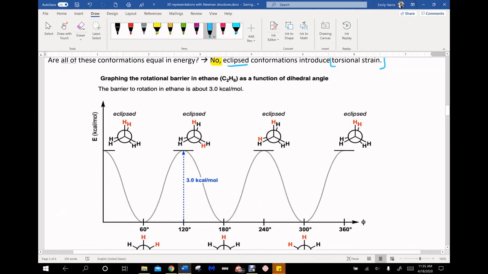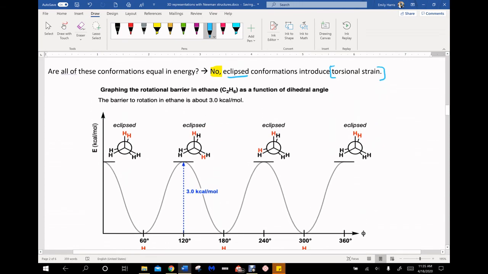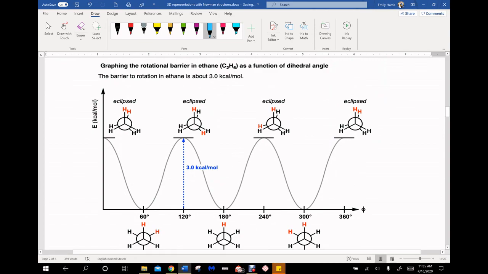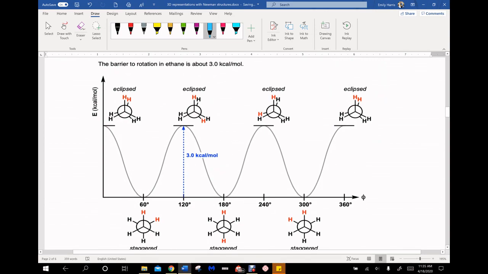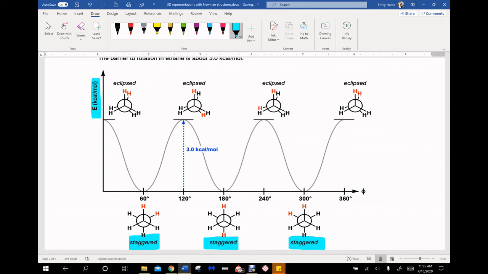And so there's a famous graph that normally your organic chemistry teacher will introduce at this point. This is a simplified version of the graph. But what we see is that the staggered conformations, where the groups are spread out, lower the strain on the molecule. And as a result, that lowers the molecule's overall energy and makes it more stable.